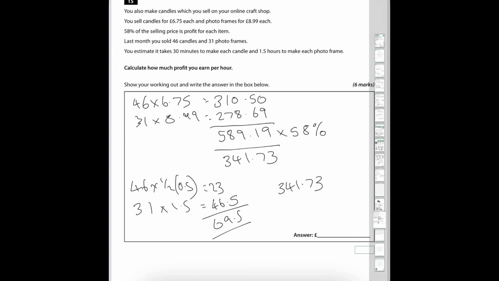So now all we do is work out the 341.73, which is the profit, by dividing by 69.5, which is the amount of hours it's taken. It's asking you for profit per hour. So you've got the profit, you've worked out how many hours by using the figures you've got up here.